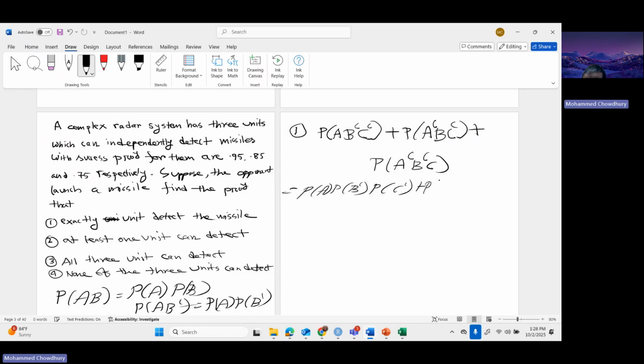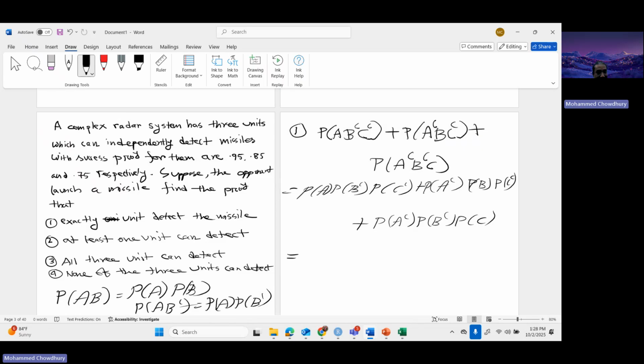Then probability of A complement, probability of B, and probability of C complement. And then probability of A complement times probability of B complement times probability of C. Okay?